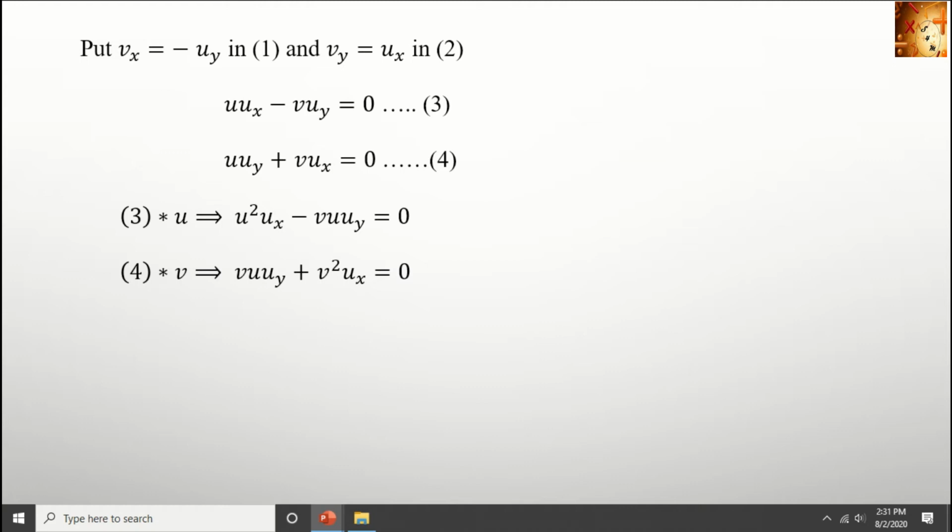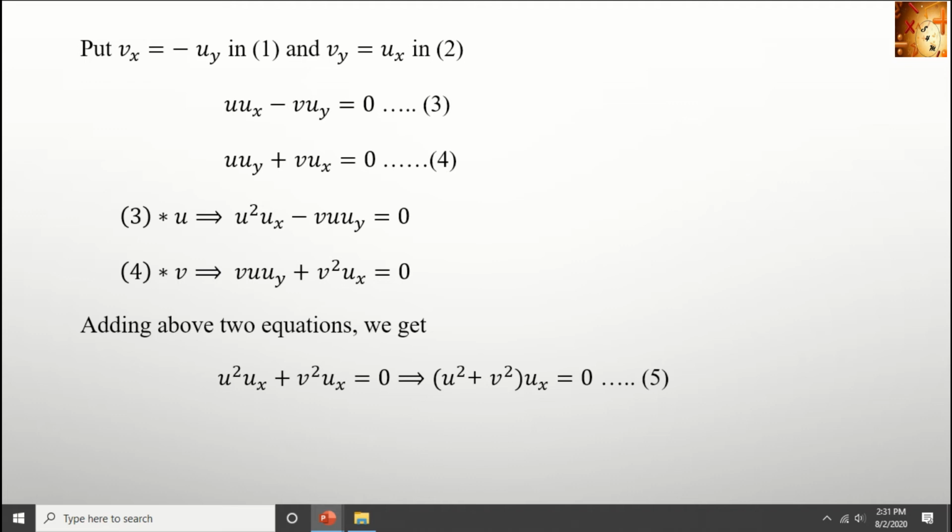So next we are going to add these two equations, then it results in u square ux plus v square ux equal to 0, which implies u square plus v square into ux equal to 0. Here we get an expression in ux.